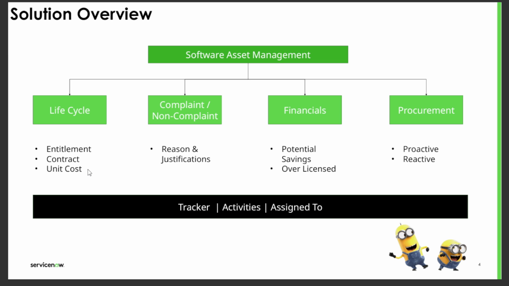That means the financial numerical value can be calculated via this unit cost. This is what we call the SAM life cycle, and it can be handled via entitlement. Entitlement is a higher-level table, and behind it many tables are associated. We can see what they are in a detailed discussion in a separate video.